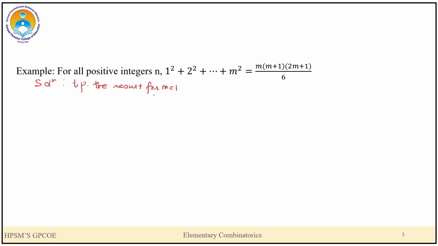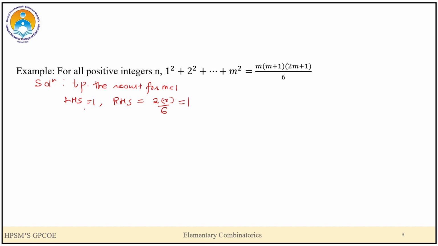Now when we take m equal to 1, on the left hand side we get only 1 square, that is the first term. So left hand side is equal to 1. Let us check what the right hand side is. When we put m equal to 1, we get 1 into 1 plus 1 which is 2, into 2m plus 1 which is 3, divided by 6, which is nothing but 1.